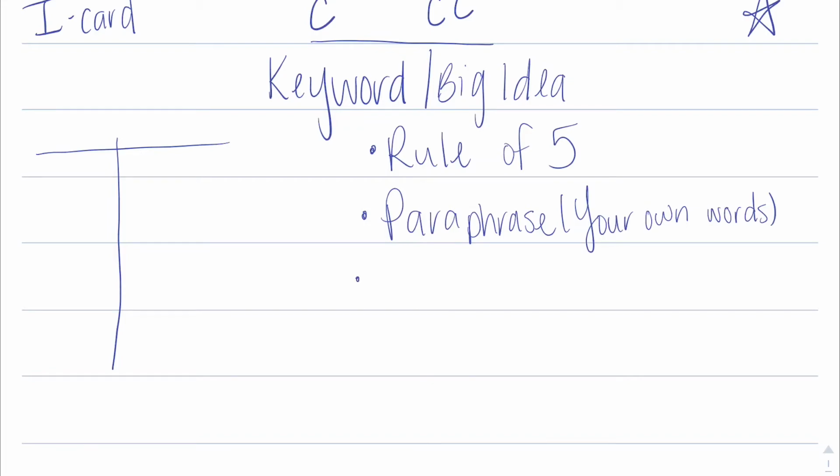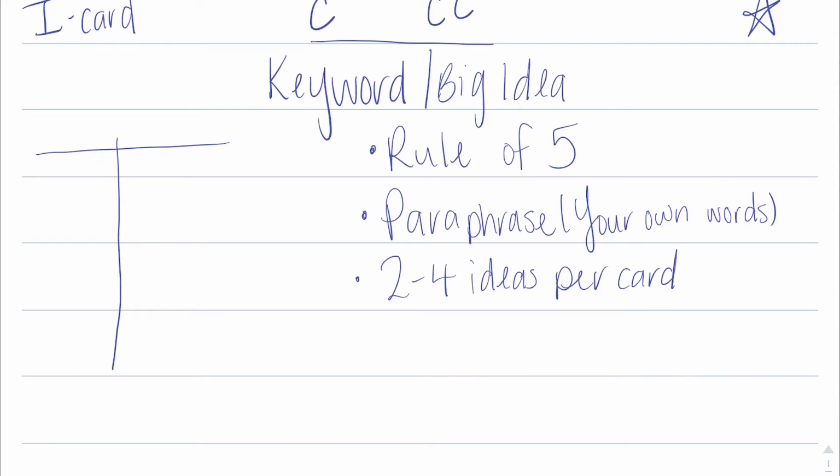And finally, you want to limit yourself to 2 to 4 ideas per card. Each card does not need to be filled up to the brim, but you need to make sure you give yourself ample information as well.